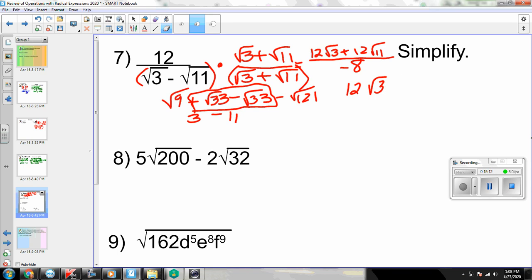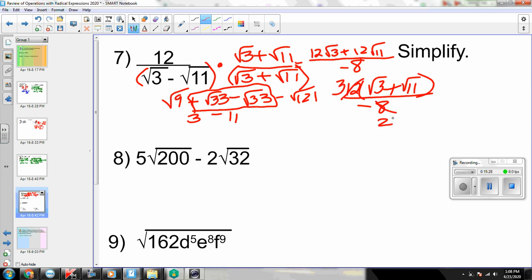If I'm not using the distributive property, I'll have radical 3 plus radical 11 times 12. But notice I can cancel 12 and 8 because 4 goes into both of them. So 4 goes into 12, 3. 4 goes into 8, 2. And think about this. I have a positive divided by a negative, so a positive divided by a negative just means my answer is going to be negative.